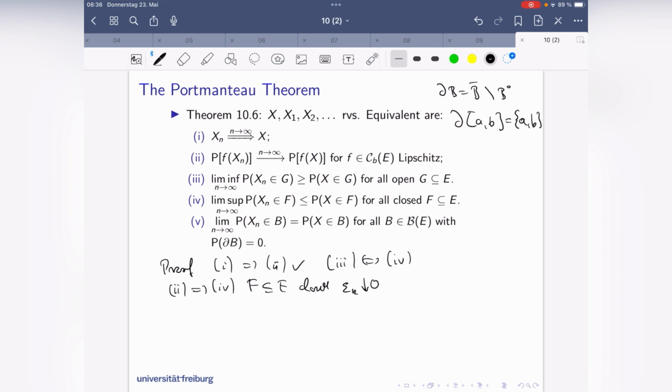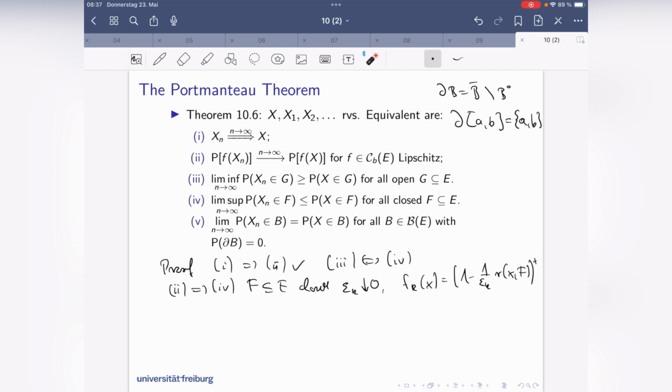And now there's a trick that we already know, which is taking this function which uses the distance to the set F, so f_k of x equals (1 minus 1 over epsilon k times the distance of x to F)^+, like this here.